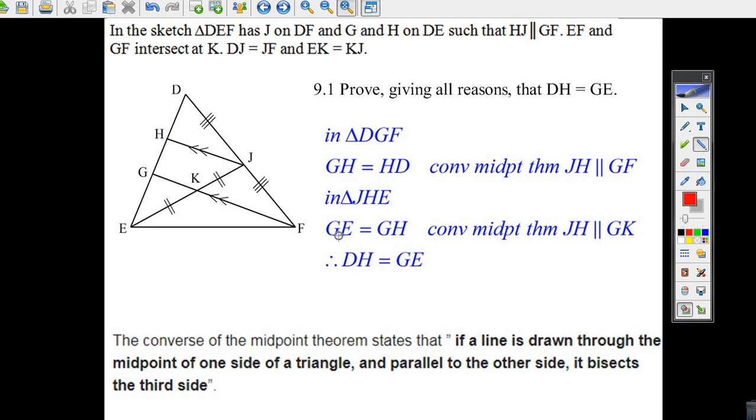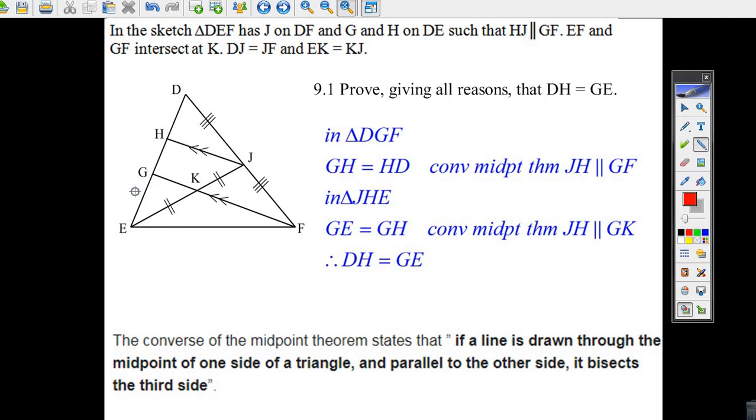Well, for the same reason, GE must equal GH because there's a triangle here, triangle JHE. See that triangle there? There's a parallel line cutting across it, and it is also from a midpoint, it's parallel, so it makes G the midpoint here.